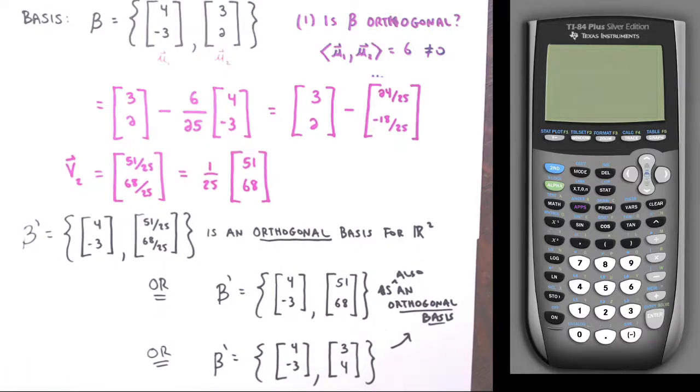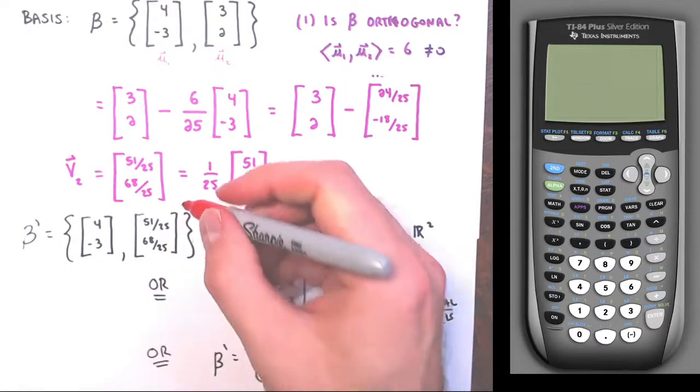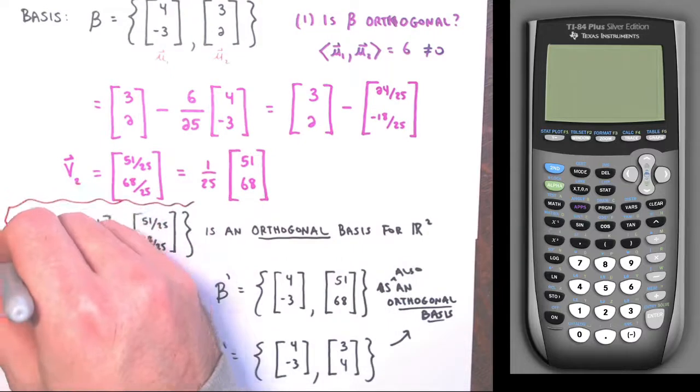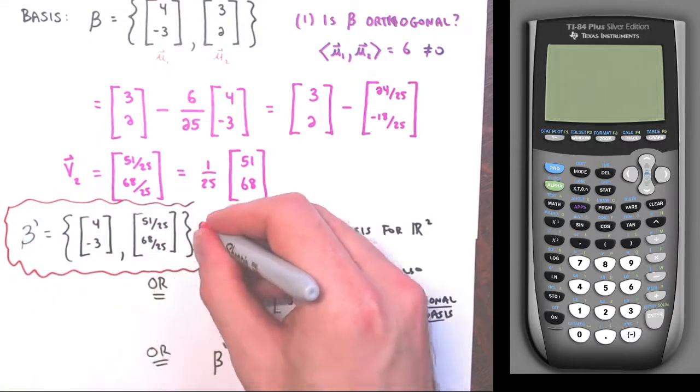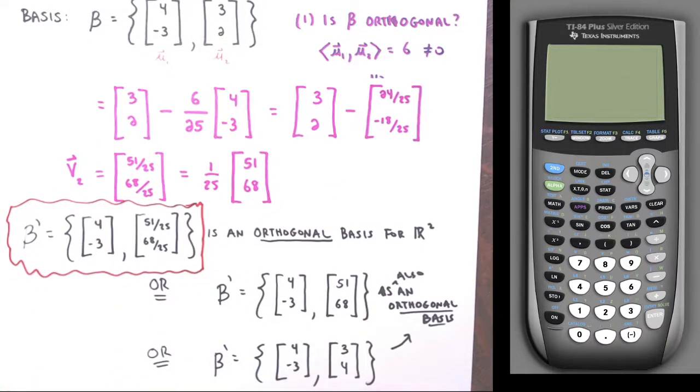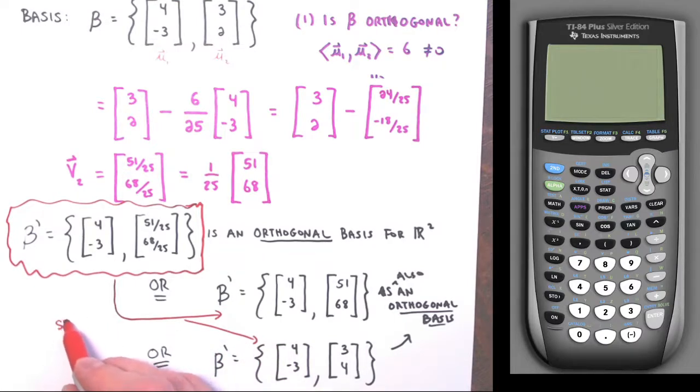Now, the one that came from the Gram-Schmidt process was this one. But all I did after that was simplify by scalar multiplication.